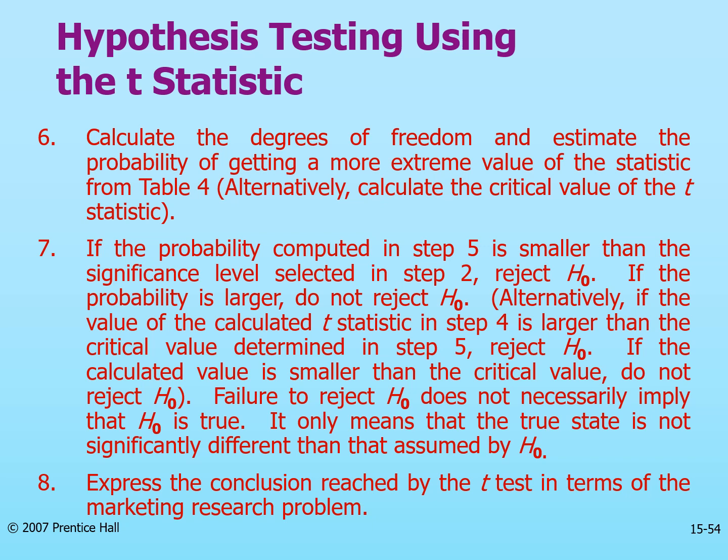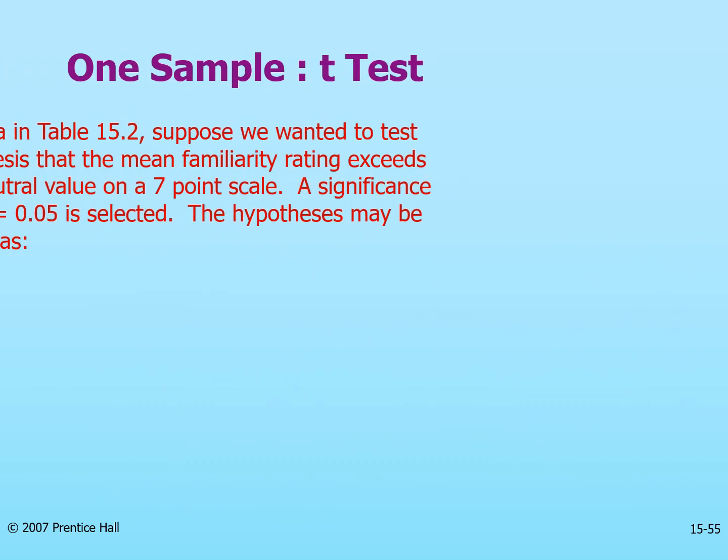If the calculated value of a test is greater than the table value of the test, then we reject it. Same logic here. If the probability is larger, do not reject H0. Alternatively, compare with the table value, and express the conclusion reached in terms of the research problem.